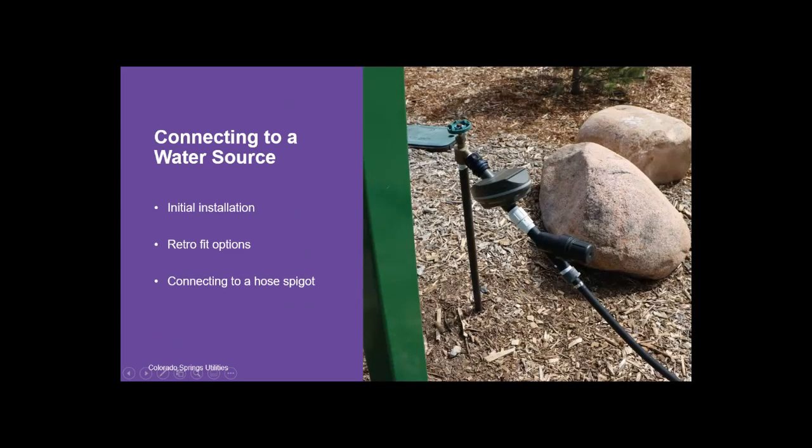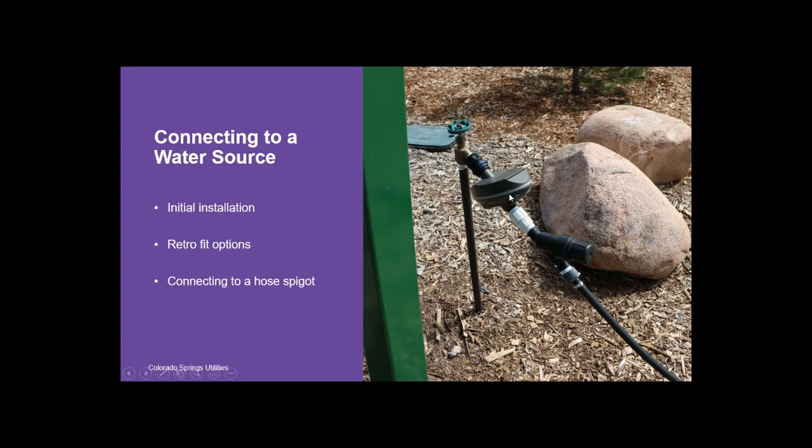Another way we can use drip irrigation is we can connect directly to a hose spigot. So you can utilize a timer, and you want to make sure that you have that pressure reducer in there and that filter, and then you would start to string out or meander that half-inch drip line for your planting beds.